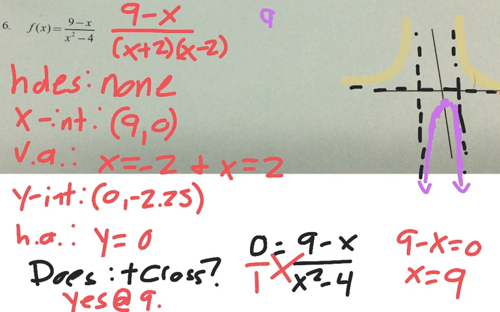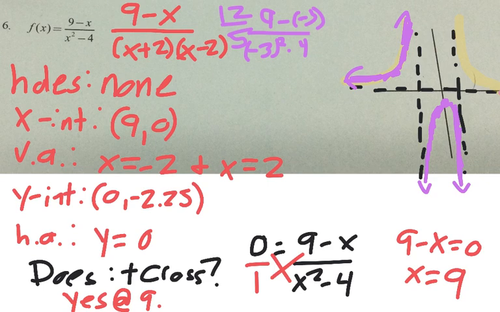That would be 9 minus -3 over -3 squared minus 4. So the numerator is 12. The denominator would be 9 minus 4, which is 5. So that's 2.4. So when x is -3, the y value should be 2.4, which is positive, which again fits with where I had traced that graph. Pretty cool. Thank you, togetherness.